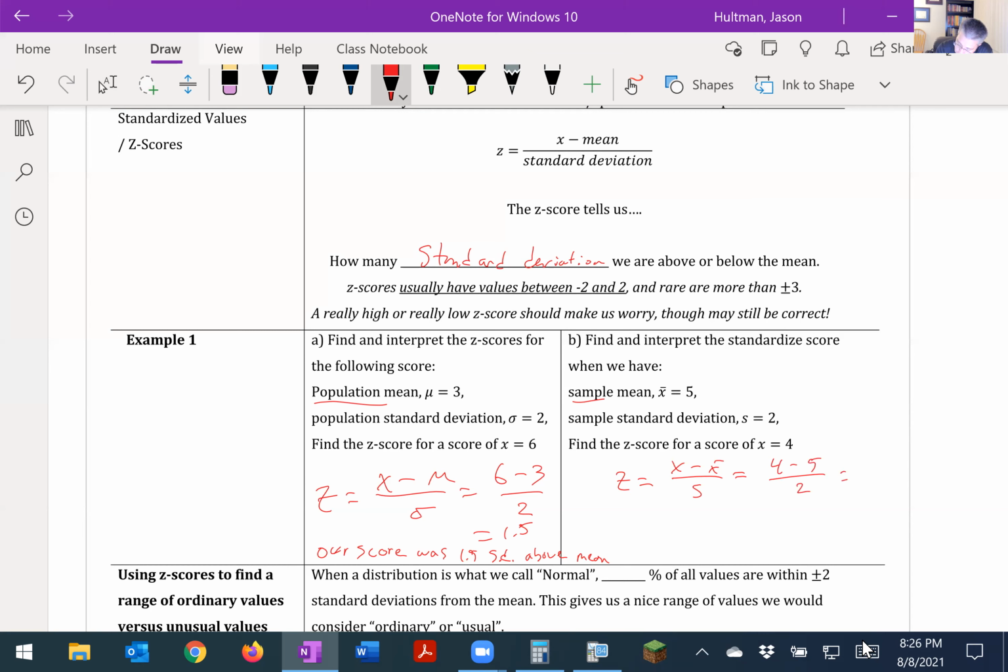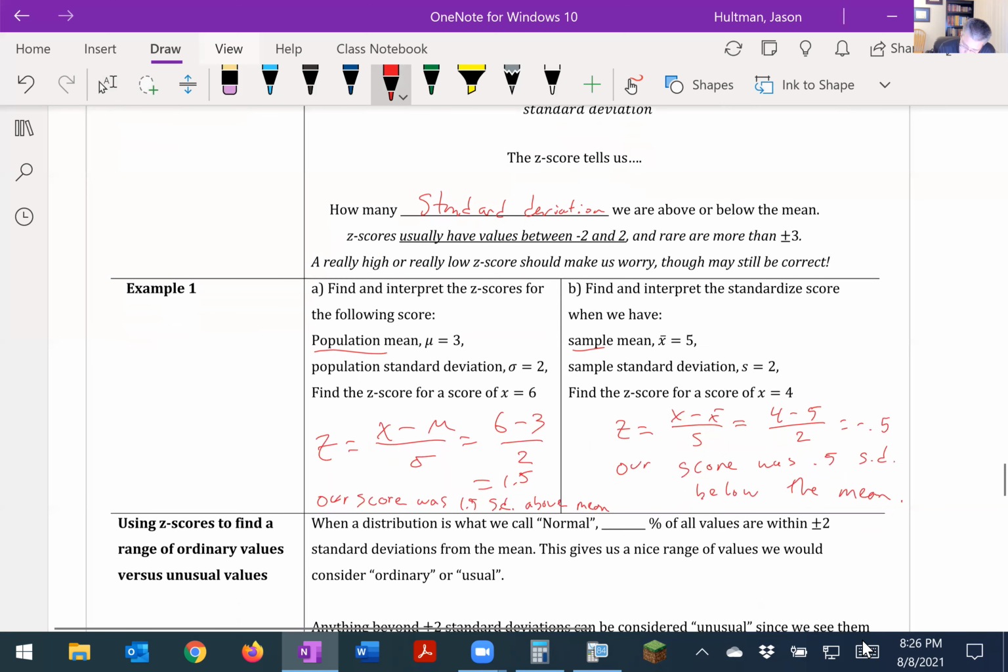That's going to be -1/2, or I'm just going to call it -0.5. Okay, so what does this tell me? This tells me that our score was 0.5 standard deviations below the mean.